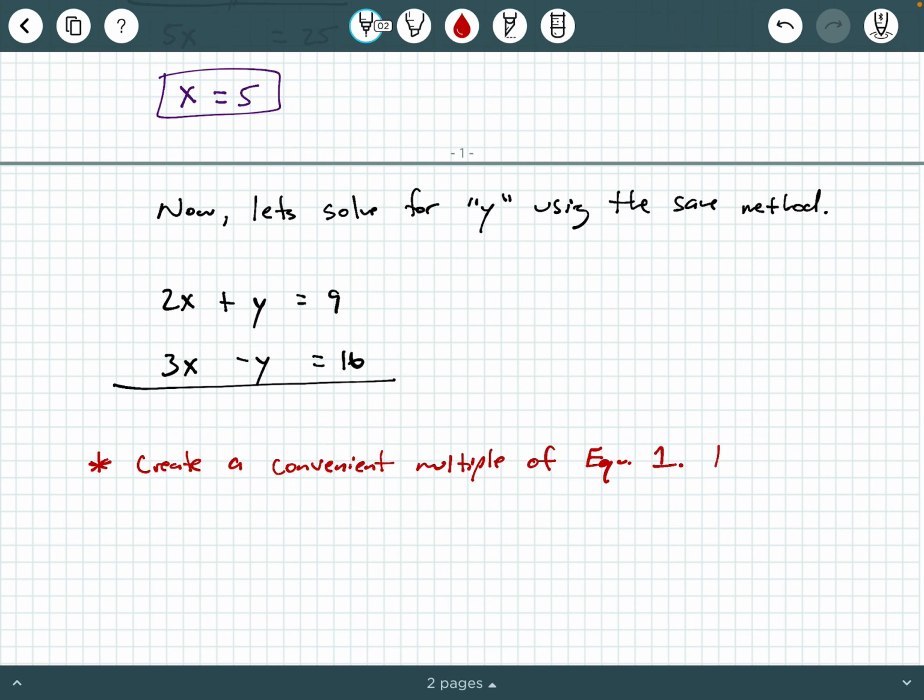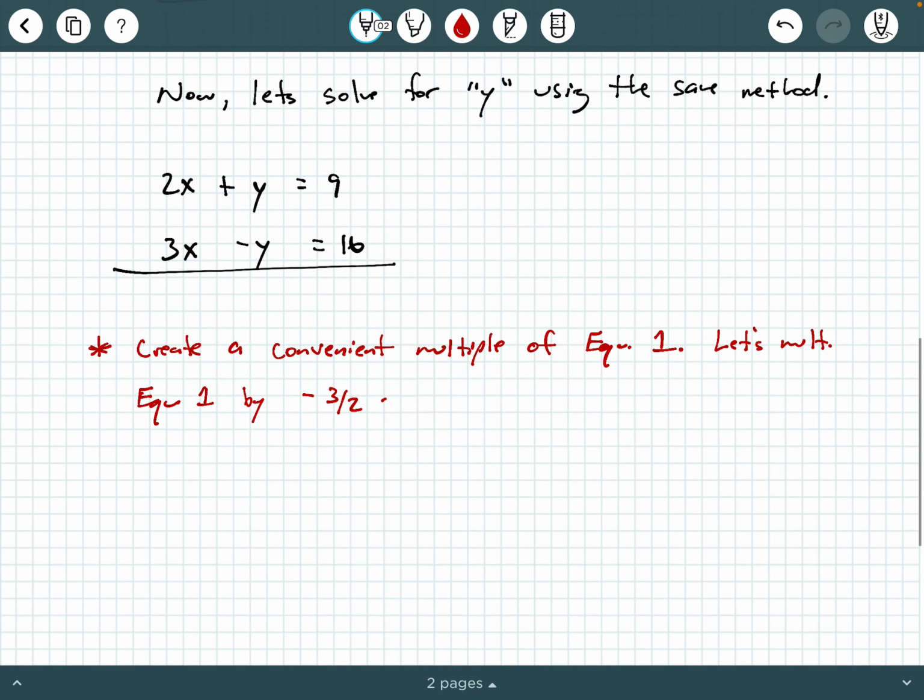So watch this. Let's multiply equation 1 by -3/2. Watch what happens when I do that. I'm going to say -3/2, and then open parentheses, 2x plus y, close parentheses, equals, and it's still an equation. What you do on one side of the equation, you have to do on the other.